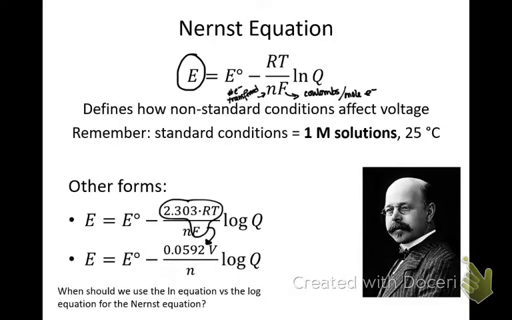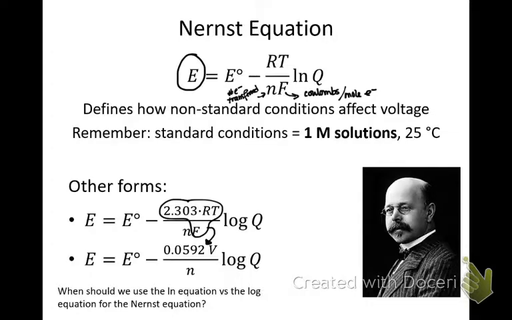So we can simplify this equation: the potential of a cell under non-standard conditions equals the standard cell potential minus 0.0592 volts divided by the number of electrons transferred times log of Q, where Q is that ratio of products to reactants.